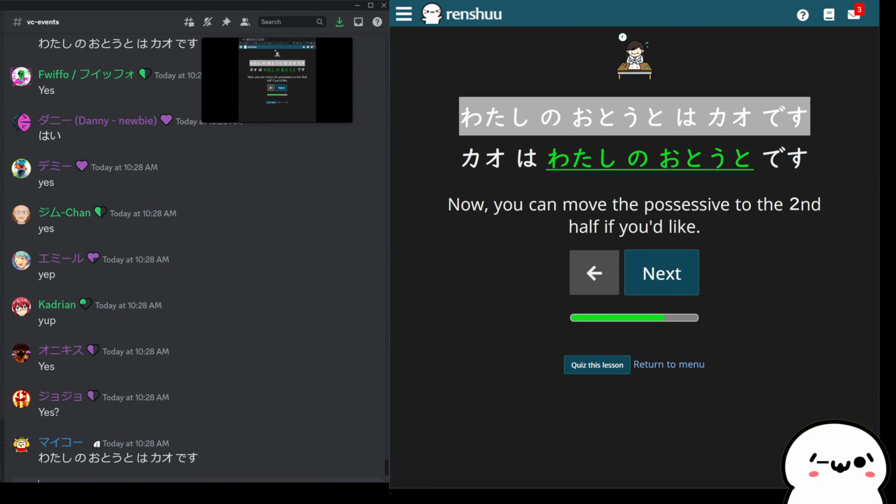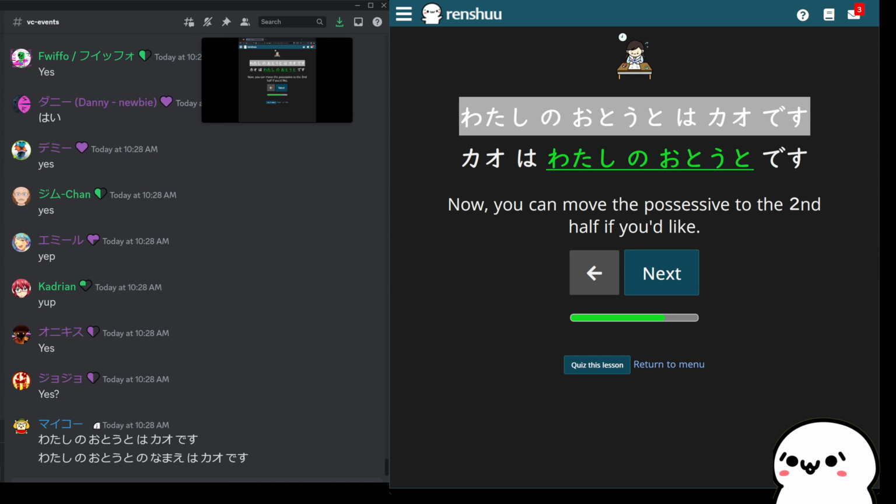Contextually, if you know that Kao is a name, then you can read between the lines and understand that, oh, we're talking about his little brother's name. However, if you want to be more specific, you could drop another one in there. Watashi no ototo no namae wa Kao desu. And that's fine.